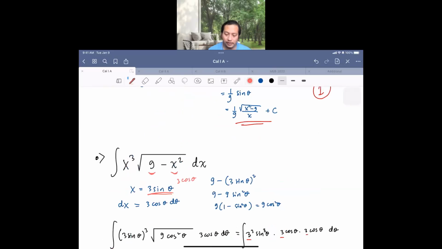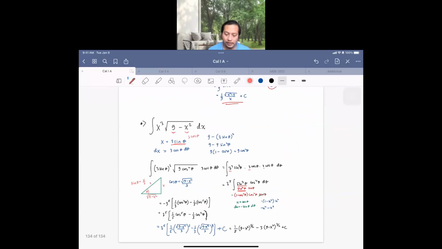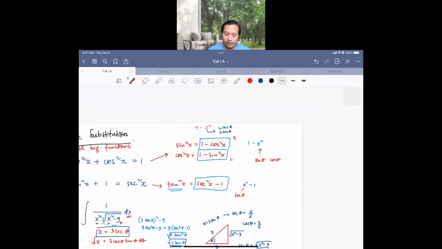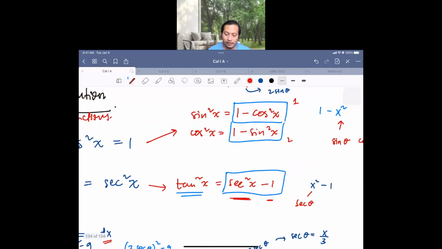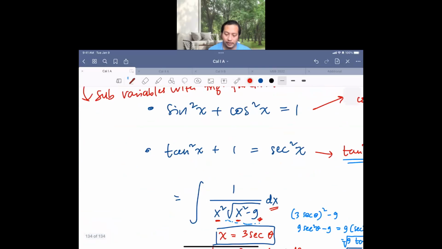So this is the first case. This is the second case. The first one is where we have the secant minus 1, so you have a variable minus a constant. You have a constant minus a variable, and also this one, plus. You have a variable plus a constant.